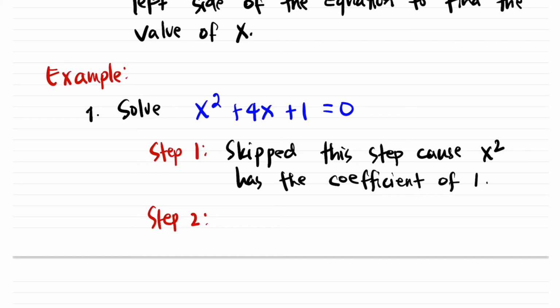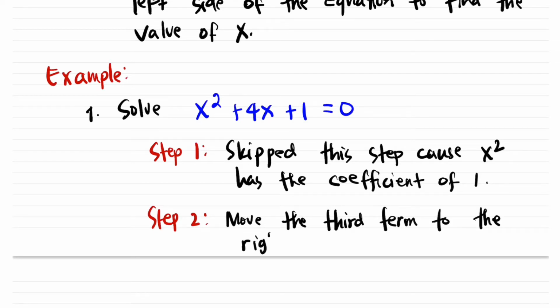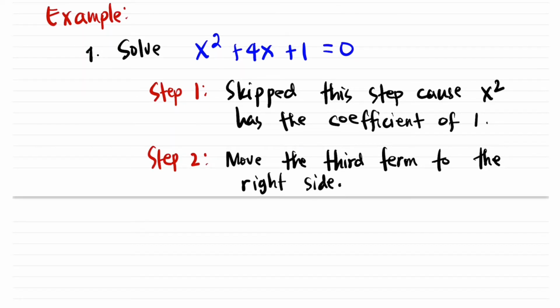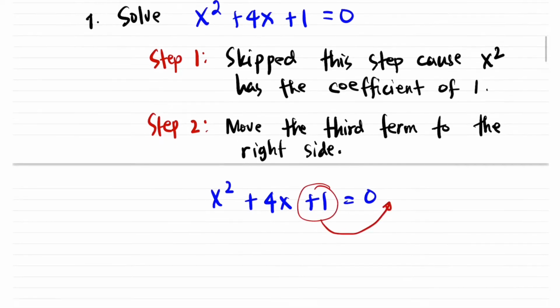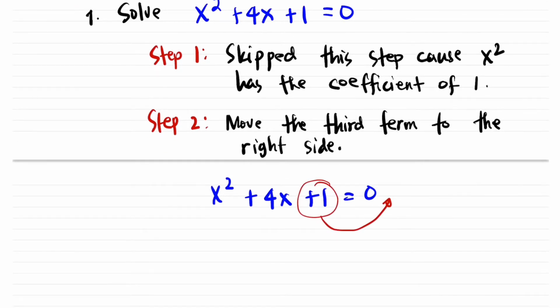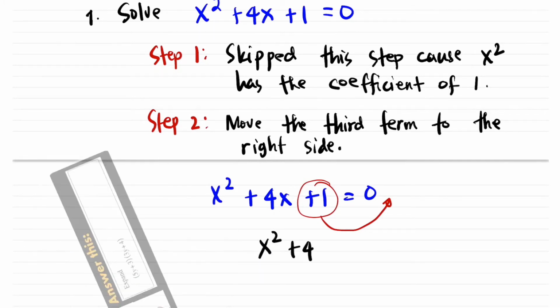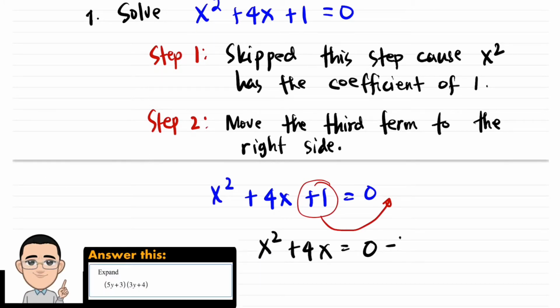So if we have x squared plus 4x plus 1 is equal to 0, we move this third term to the right side. So therefore we now have x squared plus 4x is equal to 0 minus 1.